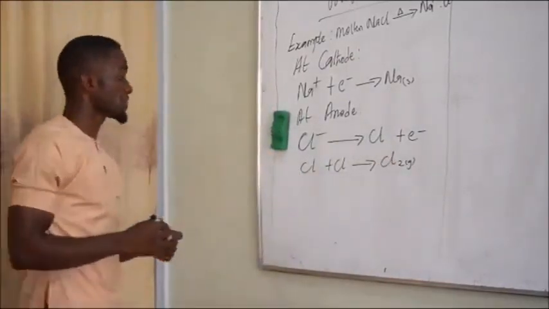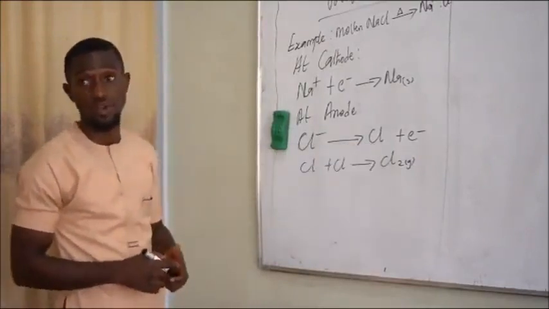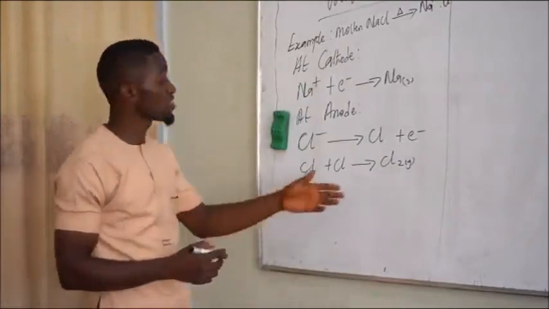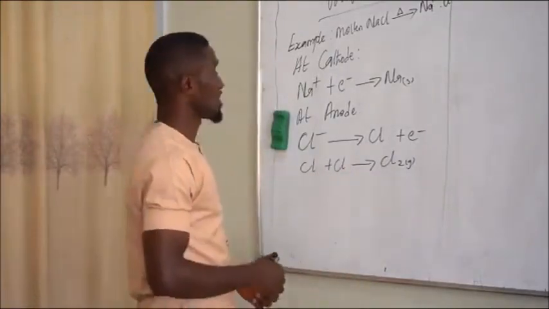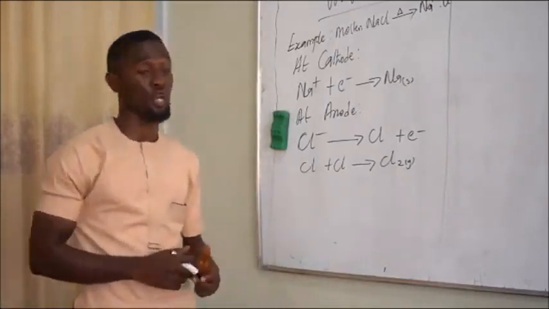Now you should remember that chlorine cannot exist as a monoatom, it is not monoatomic. For it to be deposited at the anode, it has to occur as a molecule, meaning diatomic.